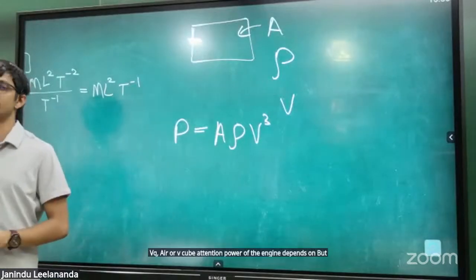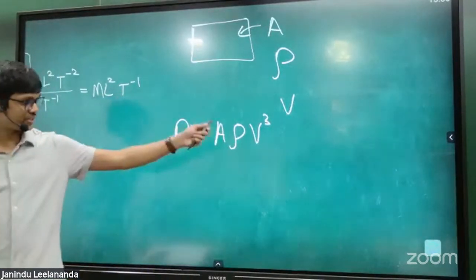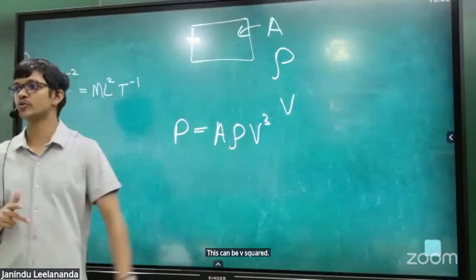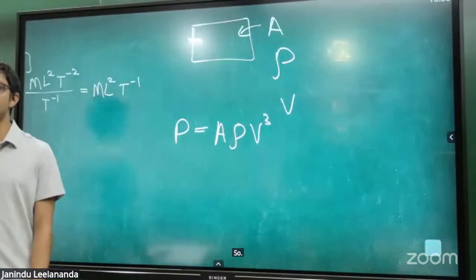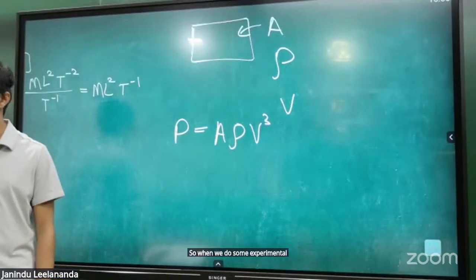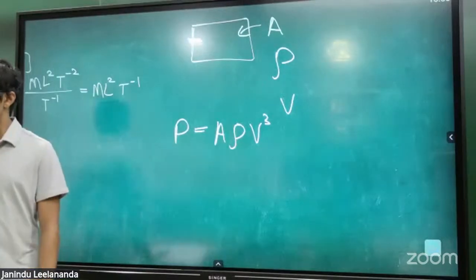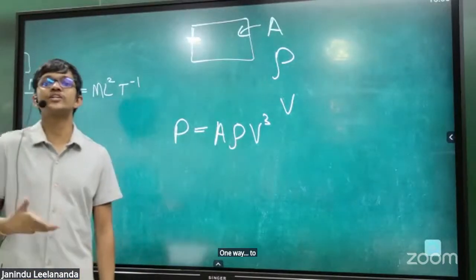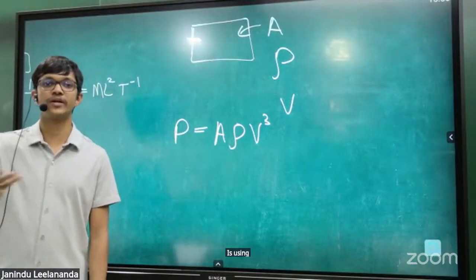But what is the problem? This can be V, this can be V squared, this can be V cube. We don't know, right? When we do some experimental process and come up with an equation, one way to confirm that it is correct is using a basic property of dimensions. What is that?